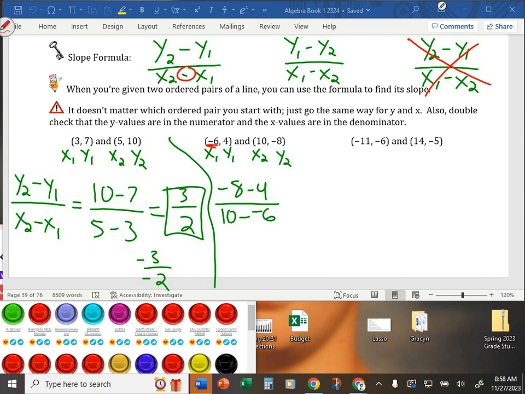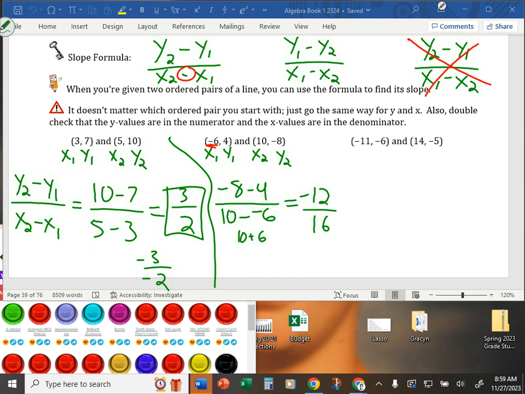So it's not just 10 minus 6, it's 10 minus -6, which we know what happens when you subtract a negative number. It changes the operation to addition. So really what we get here, -8 minus 4 is -12, 10 minus -6 is positive 16, right? This is the same as 10 plus 6 because that minus a negative changes the operation to addition.